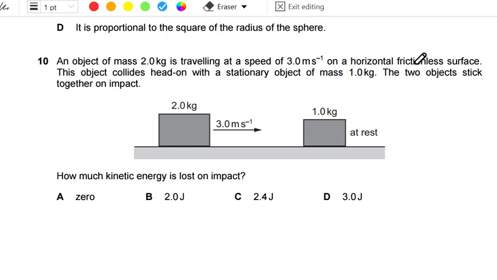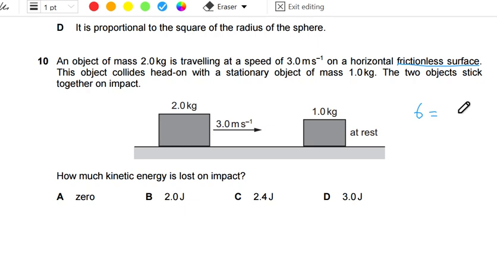So as we have a frictionless surface, we have no external force. So we have momentum conserved, and momentum before equals momentum after. Before, it was a 2 kilogram mass with speed 3, so it was 6. And certainly the second object is stationary, so 0 momentum.